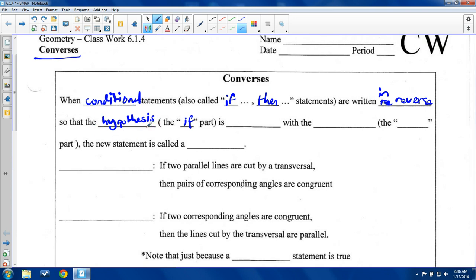You're just hypothesizing, right? You're saying then something, something, something. That would be switched with the conclusion. If I had $2, then in conclusion, I can buy a hamburger, something like that. This new statement is called a converse.